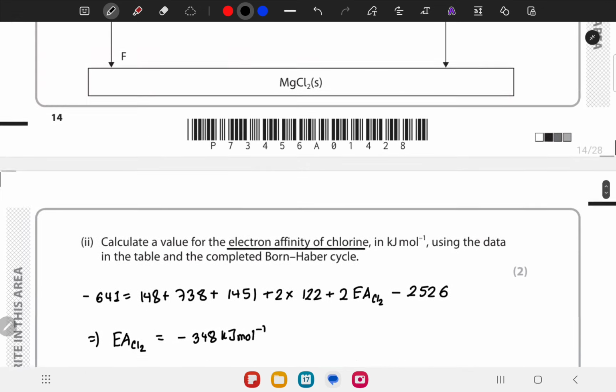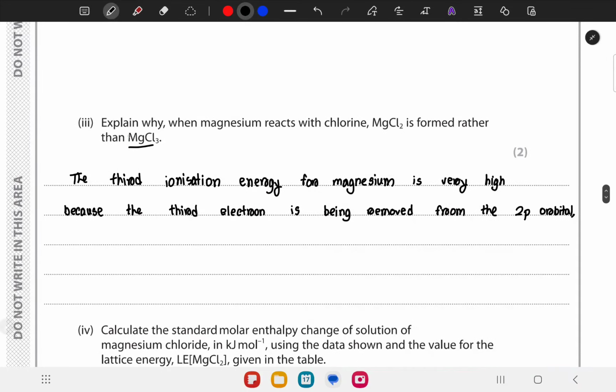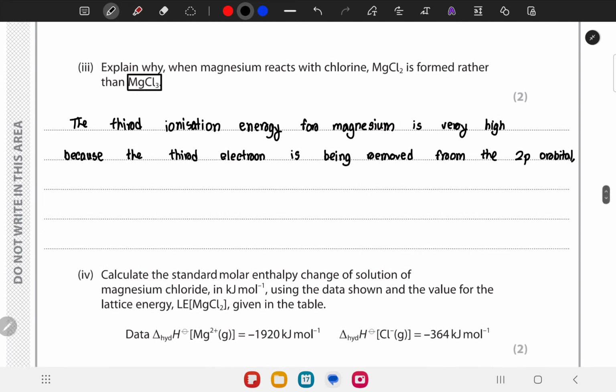And the lattice energy will not compensate for that. So the lattice energy of MgCl3 will not be as negative to compensate for the highly positive third ionization energy of magnesium.